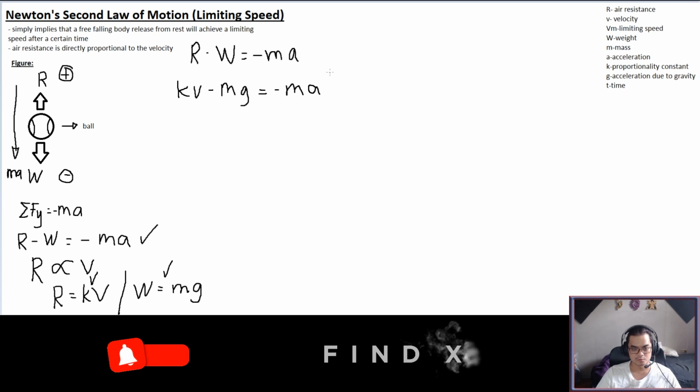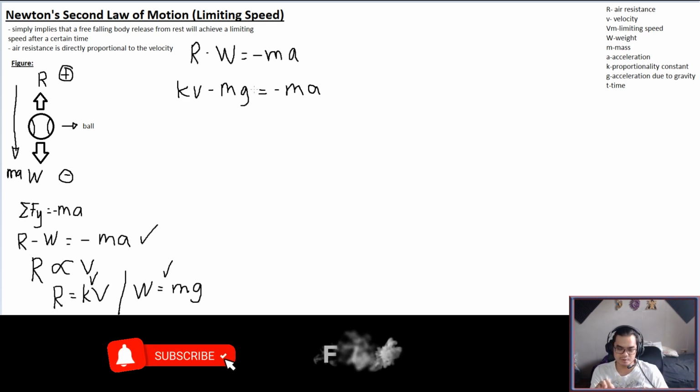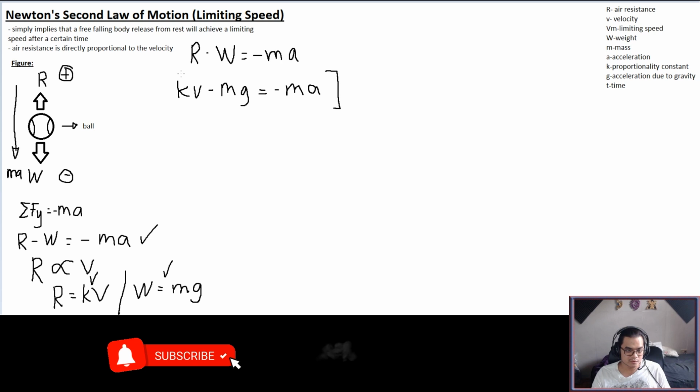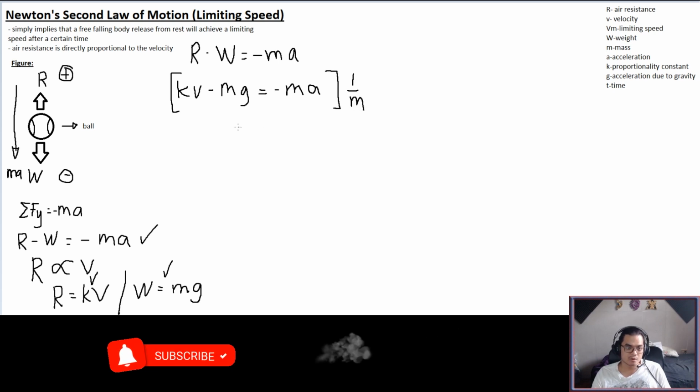ma. Since this is a topic in differential equation, I must have something here, something like dx over dt, dy over dt, dy over dx, or something like that. So what I will do now is multiply everything by 1 over m.